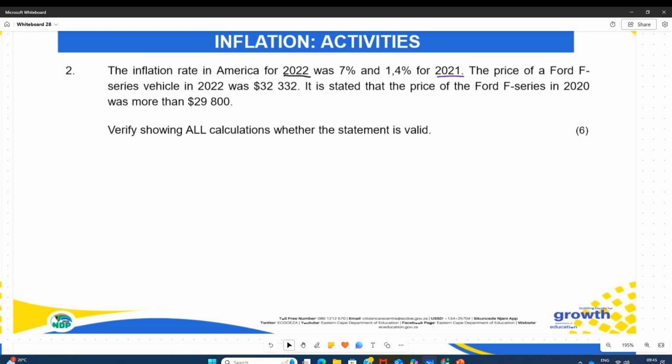So now let us go back to our scenario. Over there, you are given the inflation rate, the time period. You are also given the price of 2022. Now, they are giving you a statement. They are saying in 2020, the price was more than that. Now they say verify.